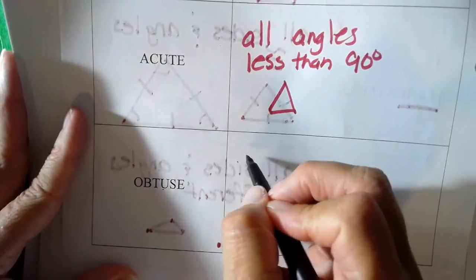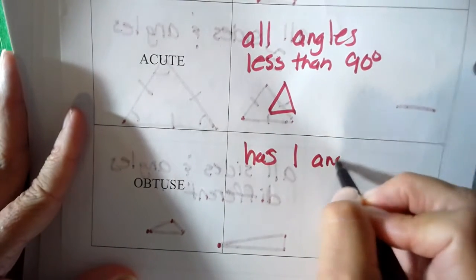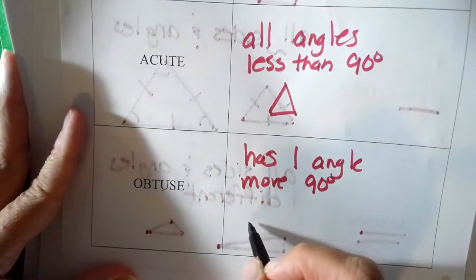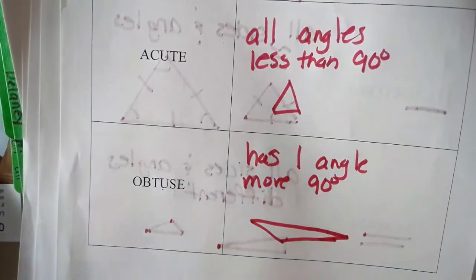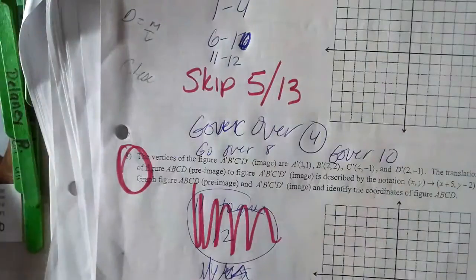And an obtuse has one angle more than 90 degrees. Okay, that was just a review because we need those.